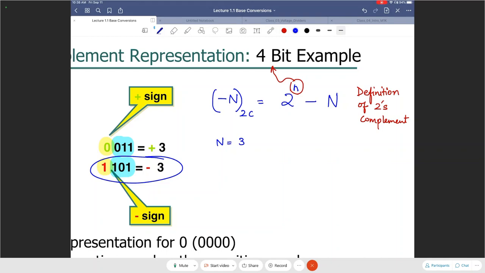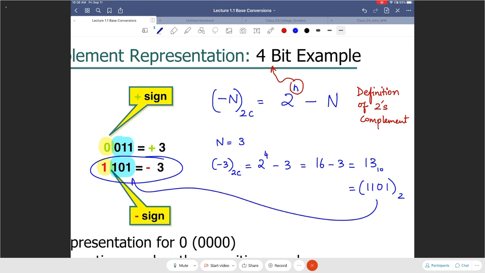So that would be -3 represented in 2's complement form will be what? 2 raised to small n minus cap N. So 2 raised to small n is 16, 4-bit example, minus 3, which is cap N. So that would be what? 16 minus 3, 13. How do you represent 13 in decimal using 4 bits? Well, you represent that as 1101. Exactly the same as what we did over here.